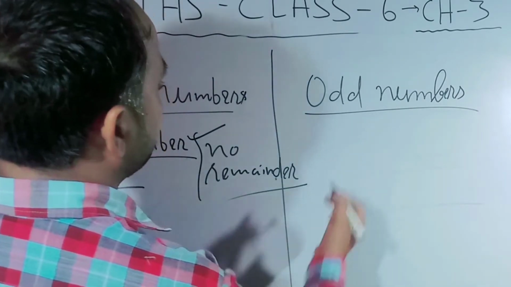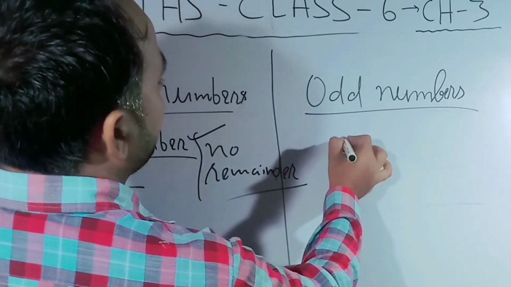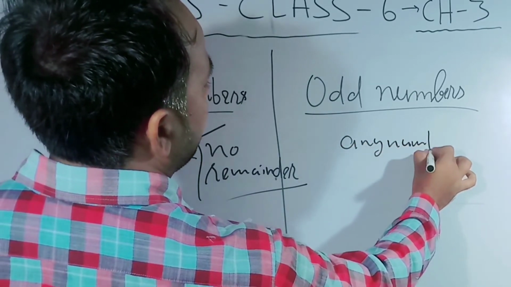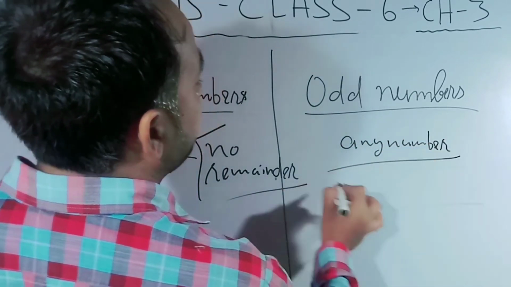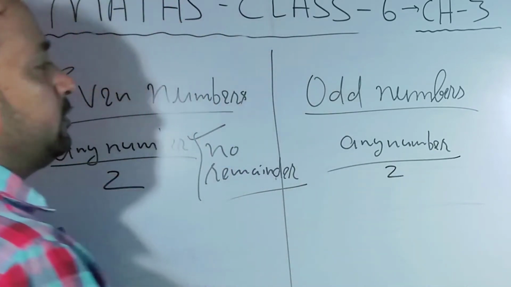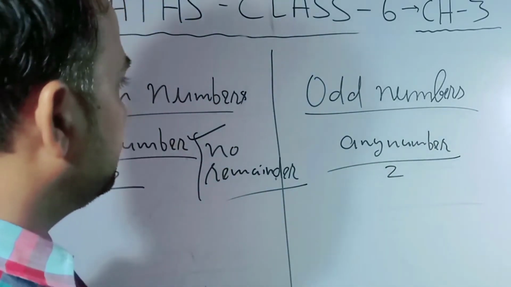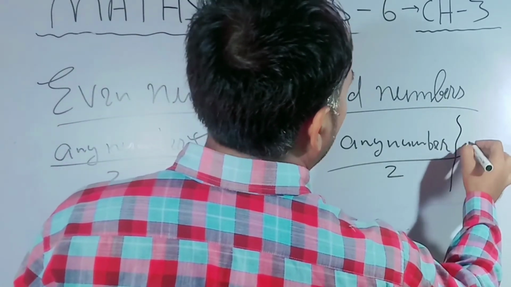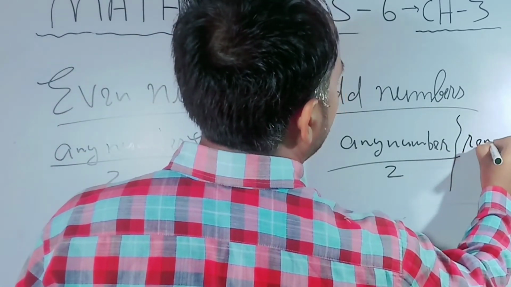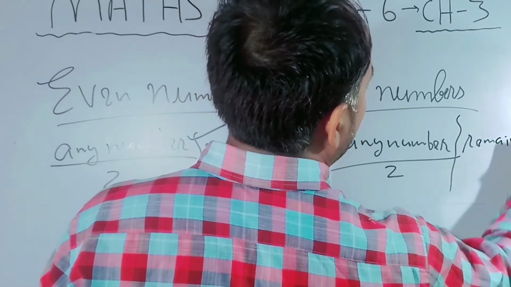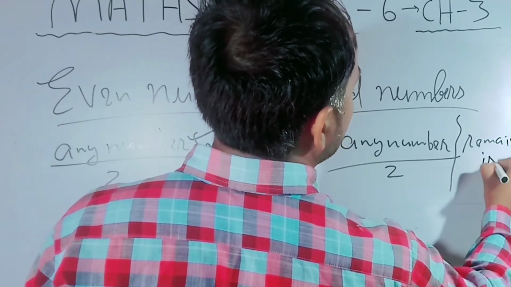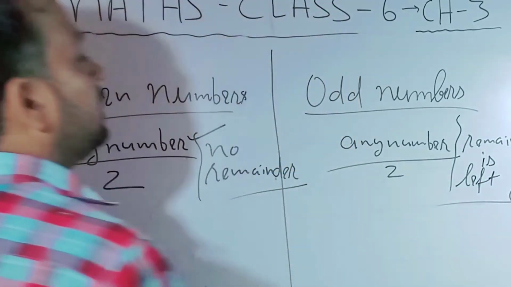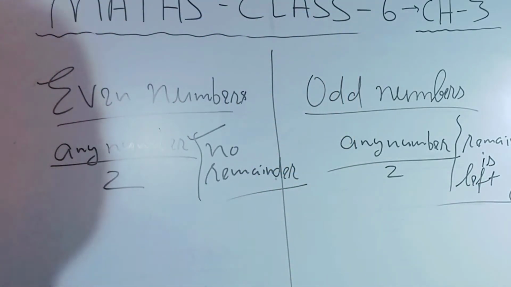Odd numbers: any number is divided by 2 and at last a remainder is left, so that number is called an odd number.